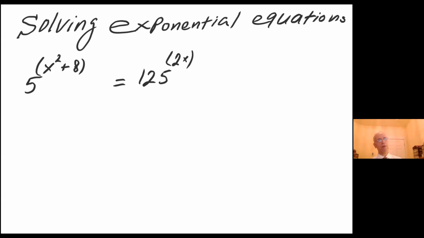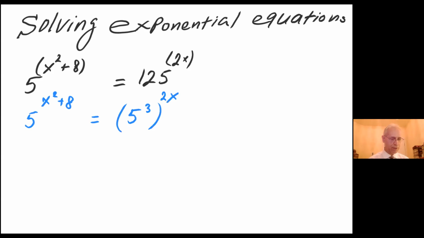So what I'm going to do here, I'm going to notice that 125, in fact, is 5 cubed. So I'm going to rewrite this as 5 to the power of x squared plus 8 equals 5 cubed to the power of 2x.